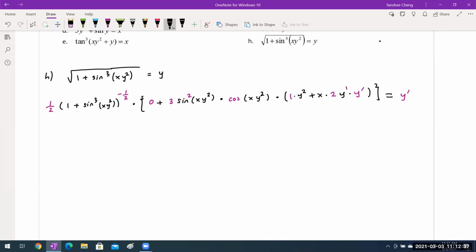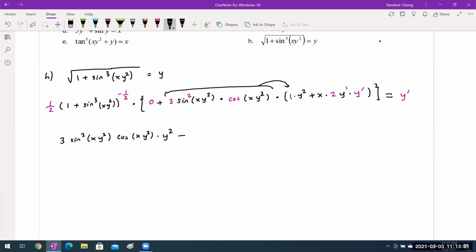On the left-hand side, we're left with 3 sine squared xy squared cosine xy squared times y squared. That's for the first factor, I'm distributing this whole entire part to the first factor.